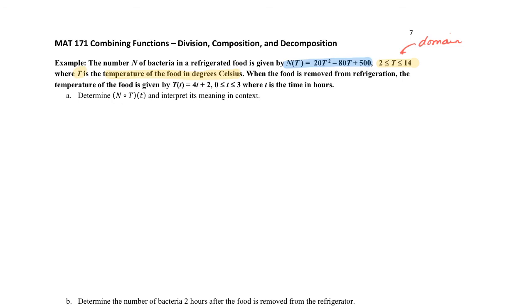Let's make a note here. So this represents the number of bacteria in the food based on the food temperature. And of course we know that it's in Celsius, and it's only true as long as my temperature is between 2 and 14, inclusive, because we've got those equal to signs. Okay, so we understand that formula now.